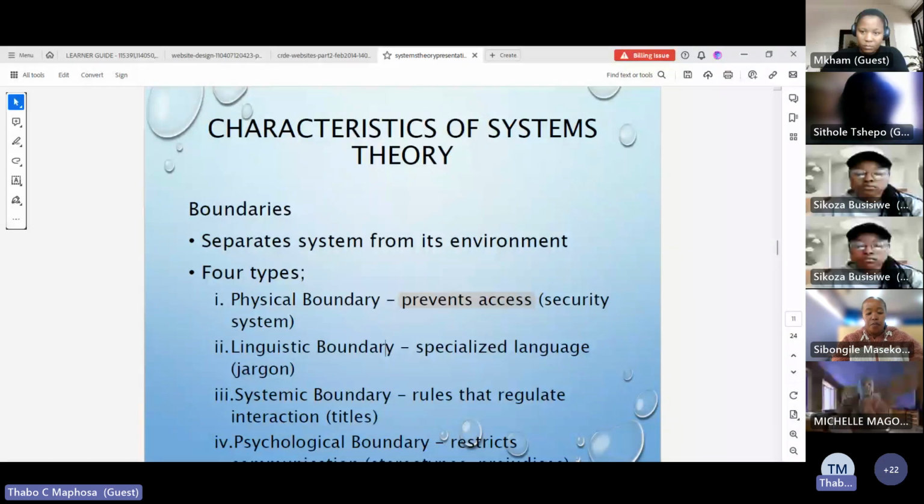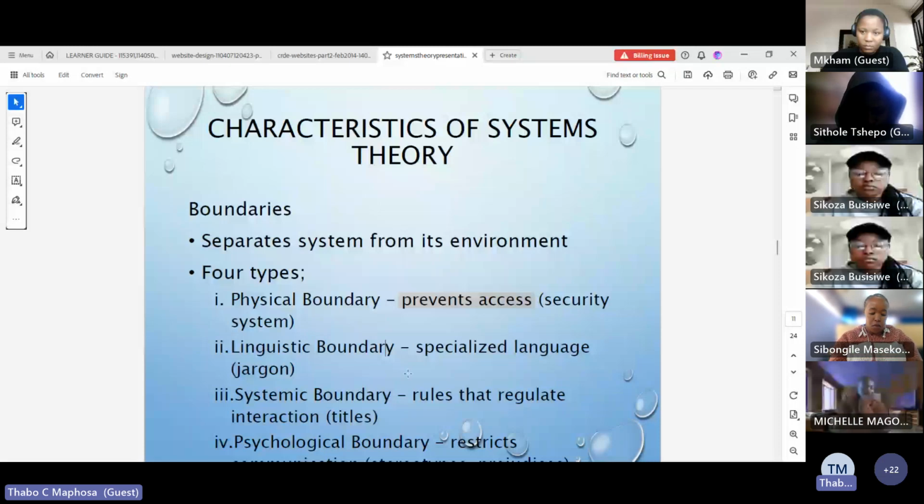And there is the systematic boundary, which consists of rules that regulate interaction, for instance the hierarchy of the boss and the boss's boss. That is a system boundary.